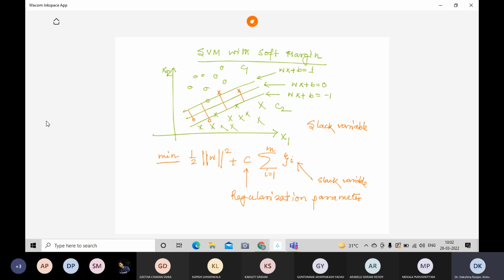Now this w is to be minimized subject to the constraint. So what is the constraint? We obtained the constraint when we combined the classifiers for the positive class and the negative class.